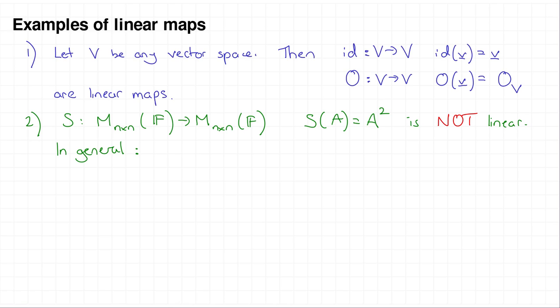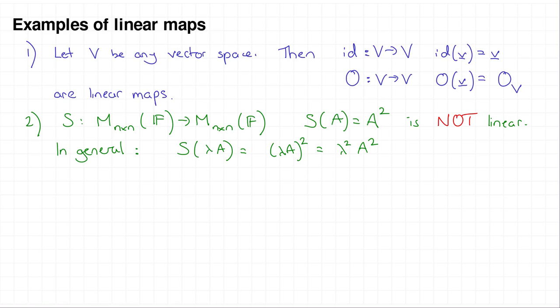So for example, S of lambda A, for a scalar lambda, that is lambda A squared, so that's lambda squared A squared.